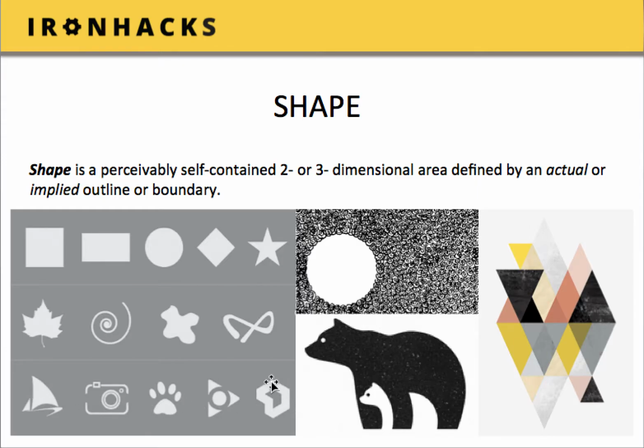Also, there are abstract shapes, whereby complex shapes, organic or man-made, are simplified into easier versions, such as the paw of an animal or a camera icon, right? All the excess detail has been omitted from these abstract shapes.